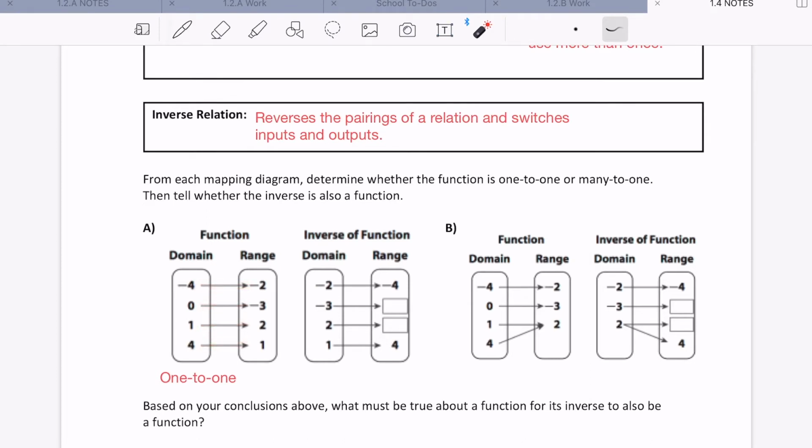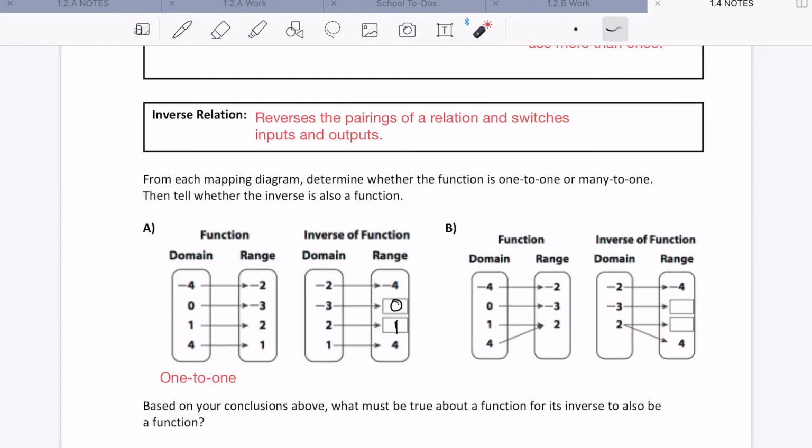Now, the inverse function. The inverse function is going to take the domain and range and flip them. And you can see they are already flipped. Your range has now become the domain values, -2, -3, 2, and 1. And the range is now what used to be the domain values. So now we have -4, 0, 1, and 4.